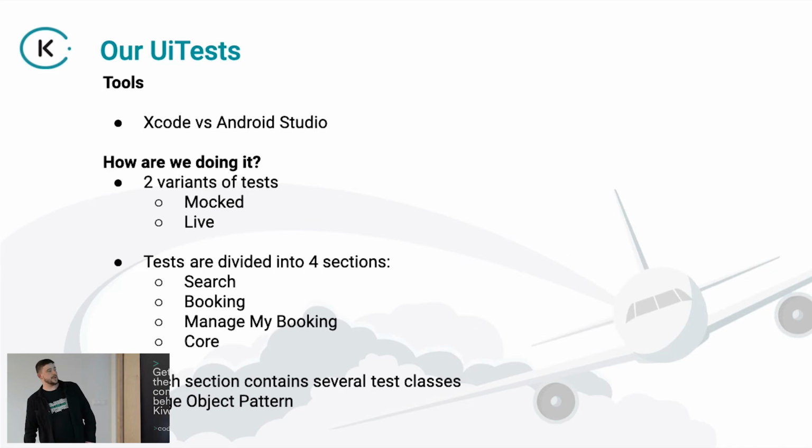And as was already mentioned, we started using the page object pattern. The goal of the page object pattern is to abstract the way of interaction with the screen away from the test, which handles what and how is tested.